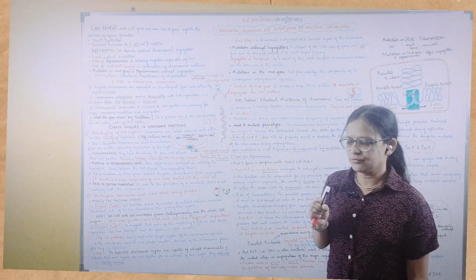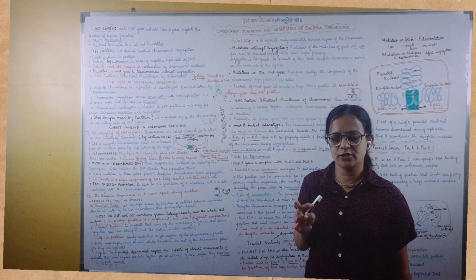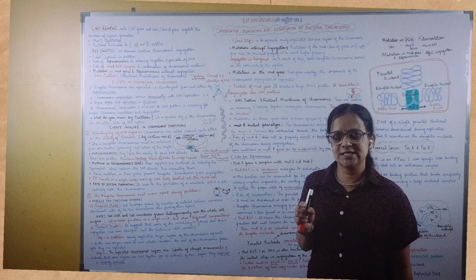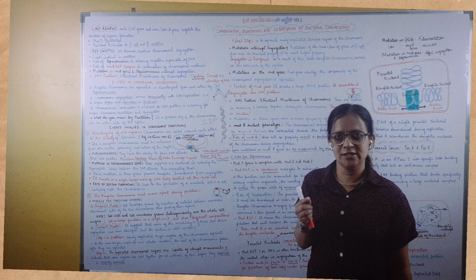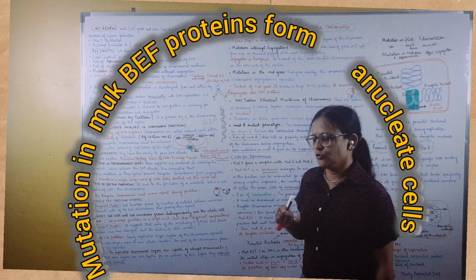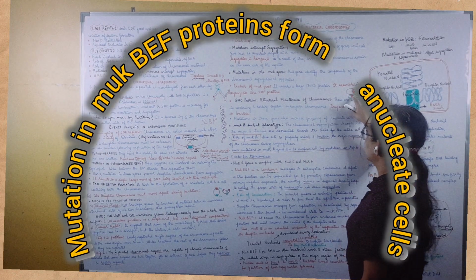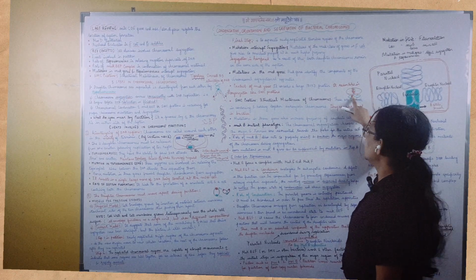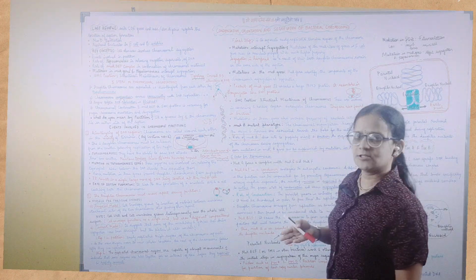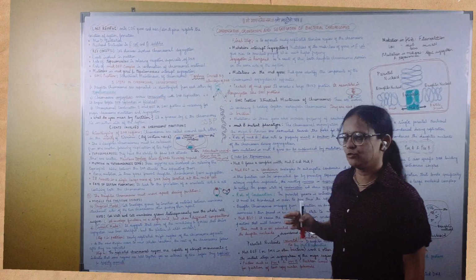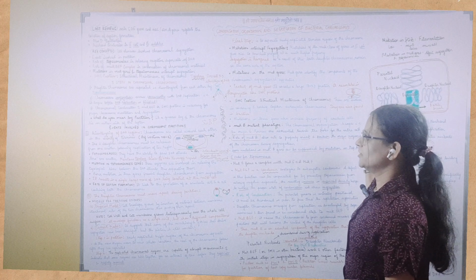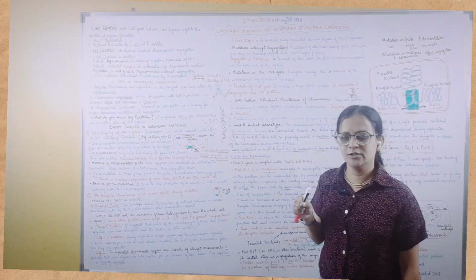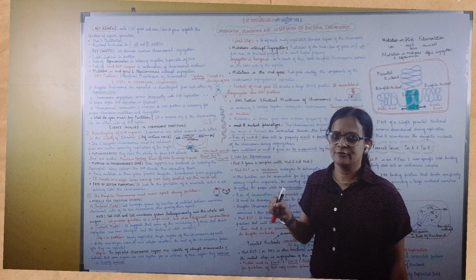So you will see two daughter cells in which one has both the chromosomes, the parental chromosome as well as the replicated daughter chromosome. So you will have both the genetic material in a single cell, while the other daughter cell lacks chromosomal material. So you can say it is an anucleated cell. You get to see these conditions if there is a mutation in the MukBEF gene.